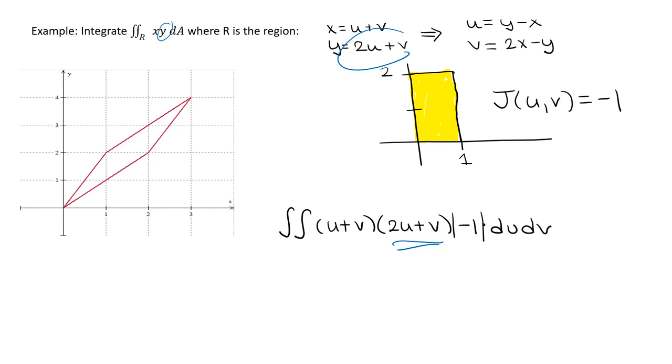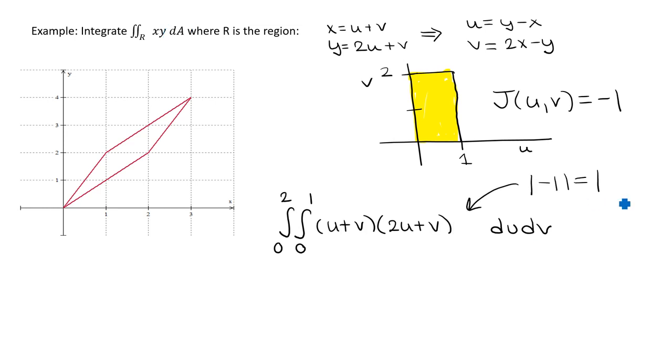So we're going to integrate u plus v times 2u plus v, and then we're going to change this dA into the absolute value of our Jacobian times du dv. Absolute value of -1 is 1, and so I'm just going to stop writing that 1 down.